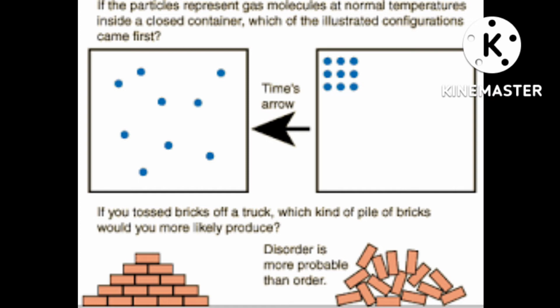Reactant molecules have one type of order, but after the reaction the atoms in the product are arranged in a different way. Bonds are broken, atoms become free, and they rearrange to give the product. Here also disorder took place, meaning entropy change took place.